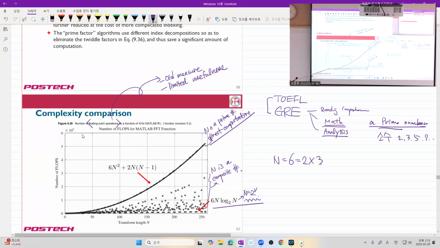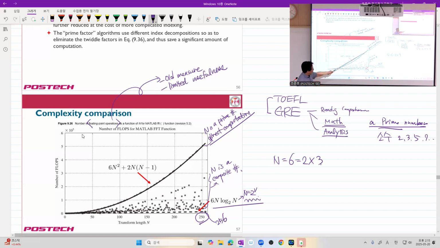Of course, when this n is very small, the difference between these two is not that much, but consider the case where your n is around 250, then probably this is 256, as you know, and I'm not sure which one is the prime number close to 256.